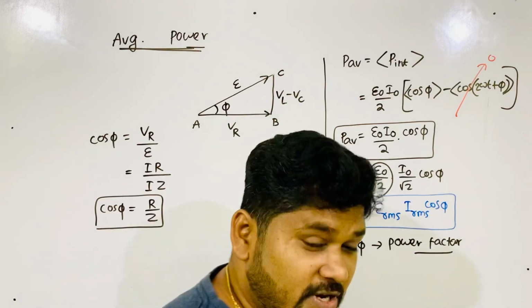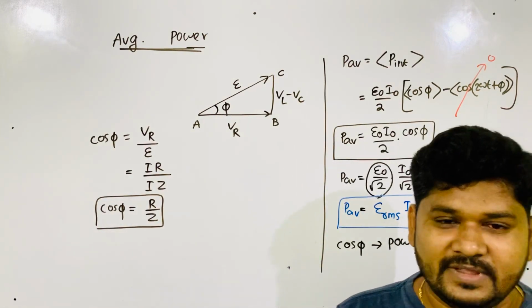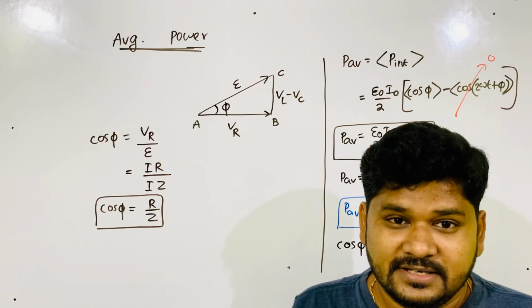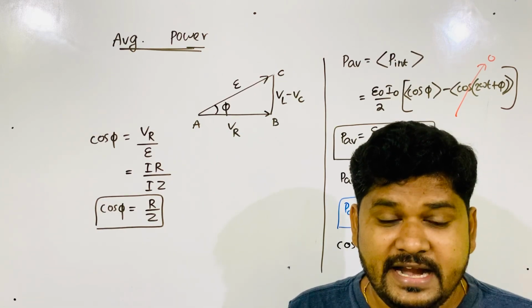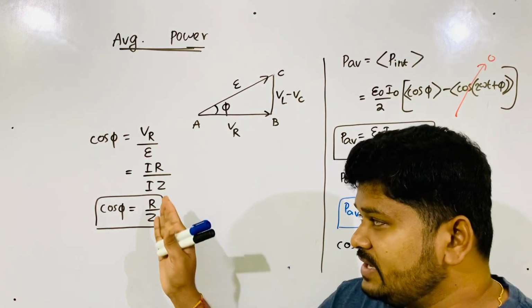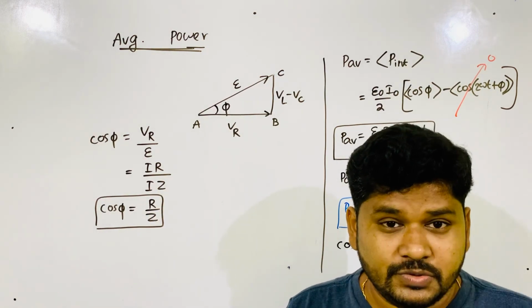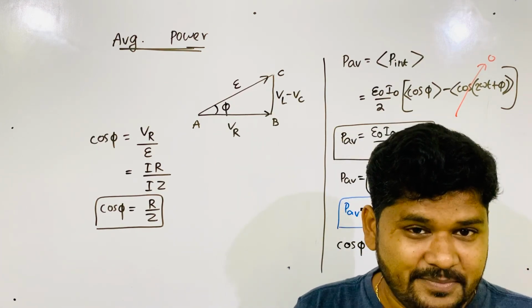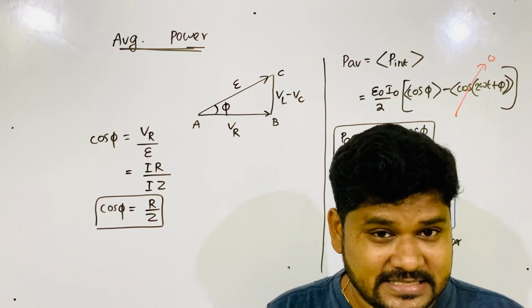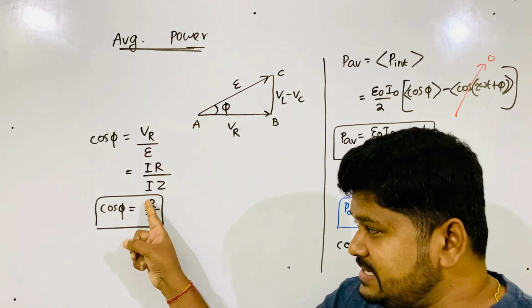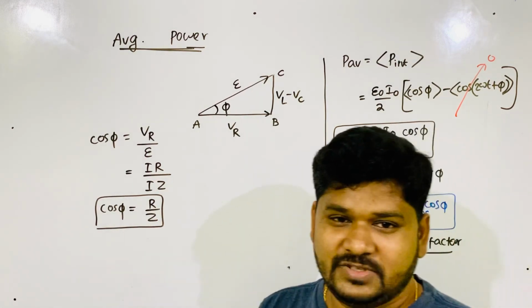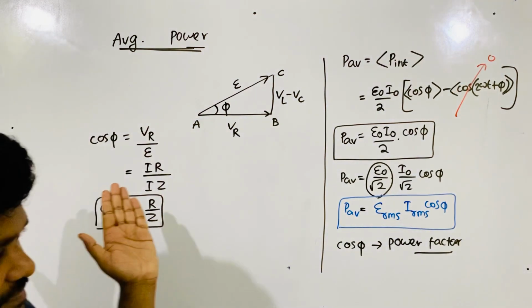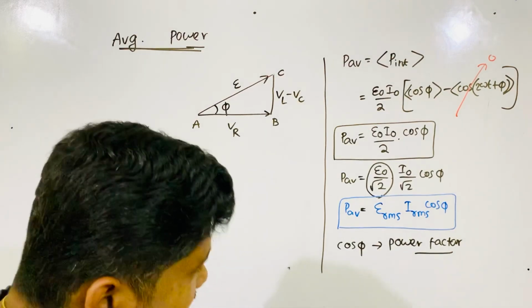Now you got the formula for cos phi. What is the definition of power factor? Power factor is defined as the ratio of resistance to impedance. Got it? So this power factor decides what the average power will be in an AC circuit.